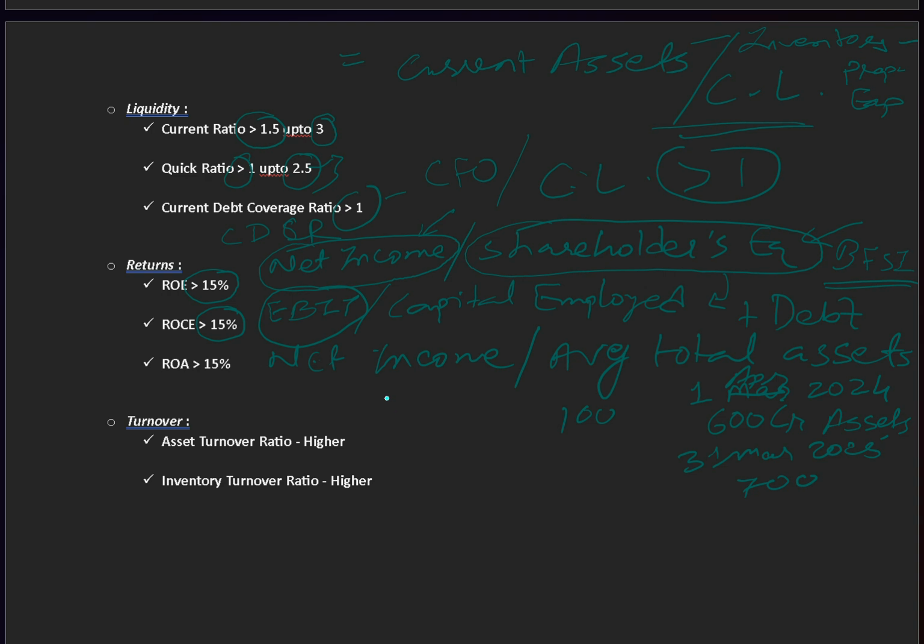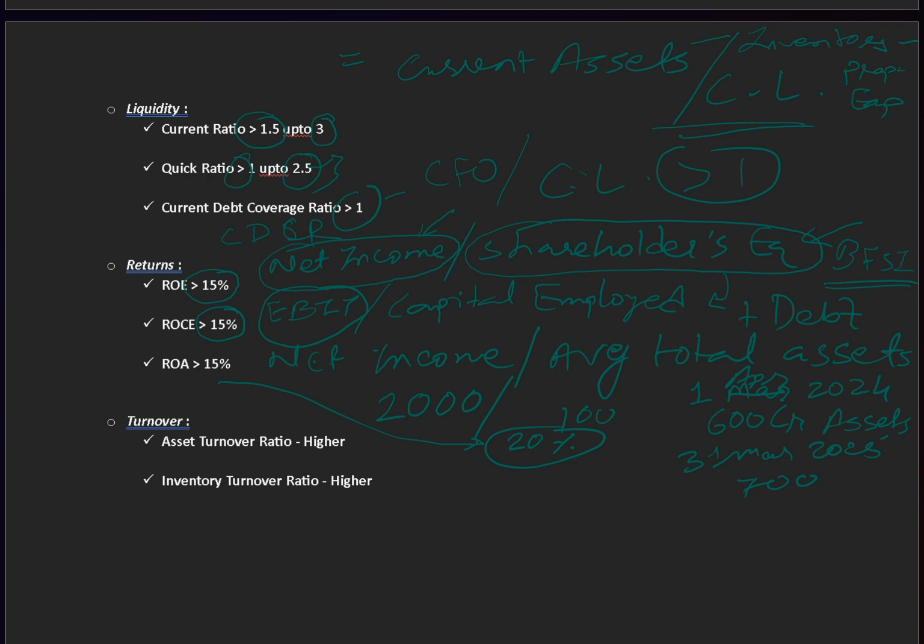Say the company is able to generate 2000 crore of net income. If you divide 2000 by 100, it comes to 20%. So that means the ROA is 20%. The higher the ROA, the better.